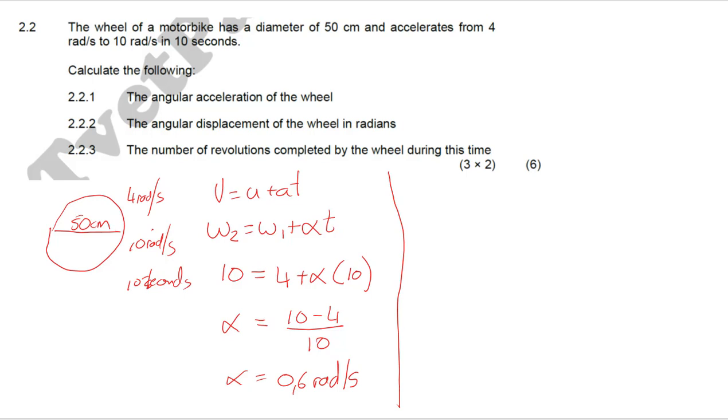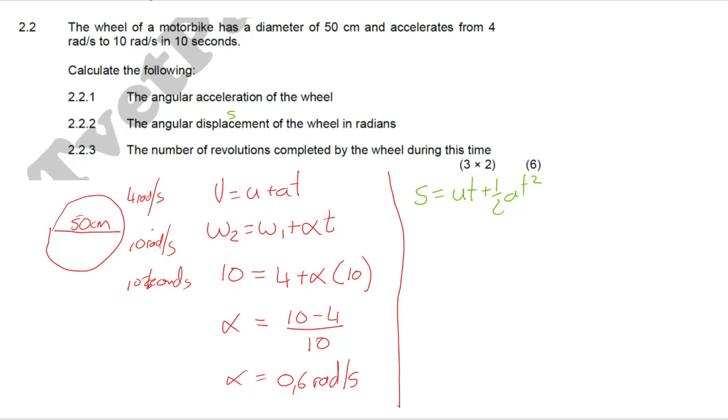The next question says, calculate the angular displacement of the wheel in radians. Okay, so displacement, we think of s immediately. If we write it in a linear form, s is equal to ut plus a half at squared. Let's just erase that. That should be a square.